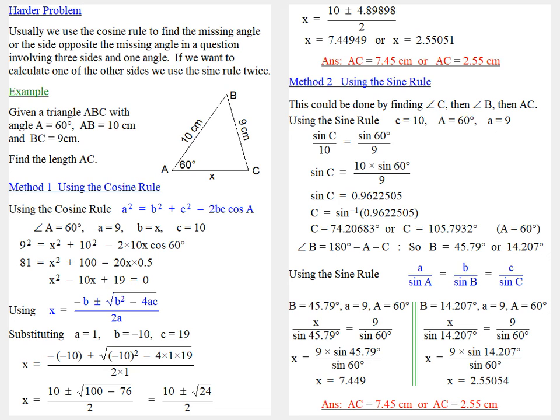And so we get AC is either equal to 7.45 or AC is equal to 2.55 centimetres, which is the same two answers as we got when we did it using the cosine rule.